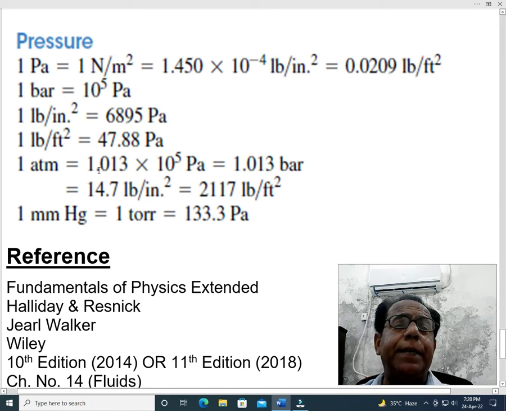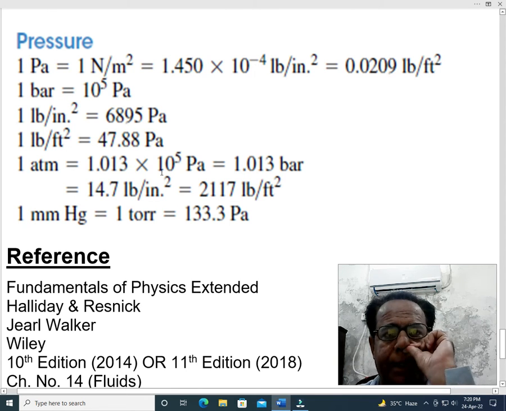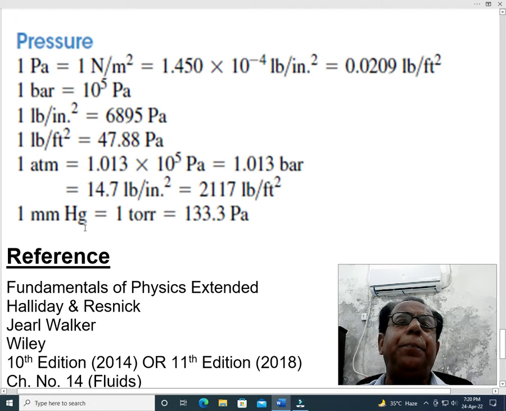It can be written as 1013 into 10 raised to the power 2 Pascal. Or if we eliminate this 10 raised to the power 5, then this figure will become 101300 Pascal.